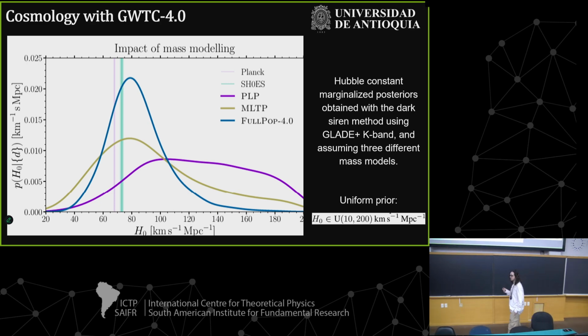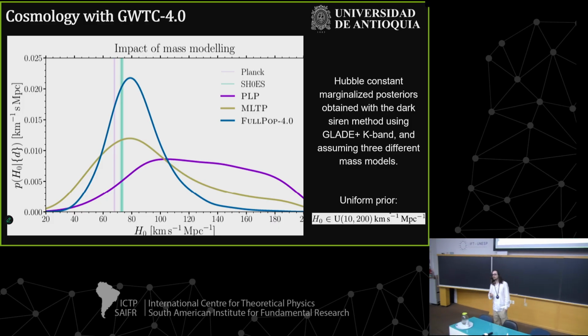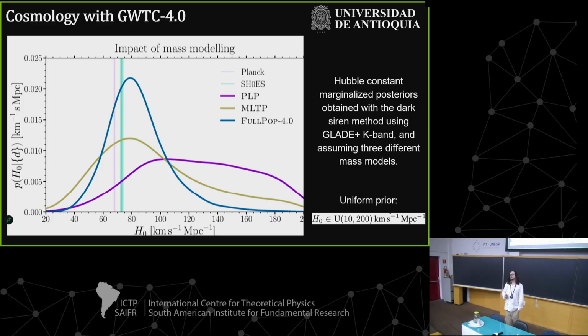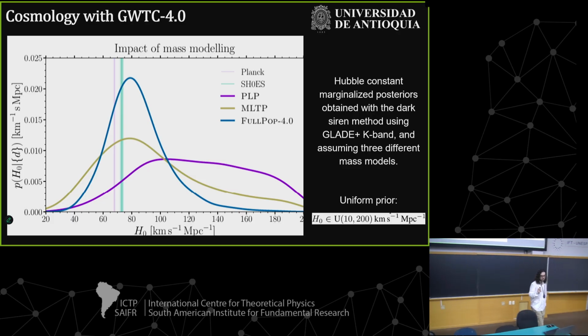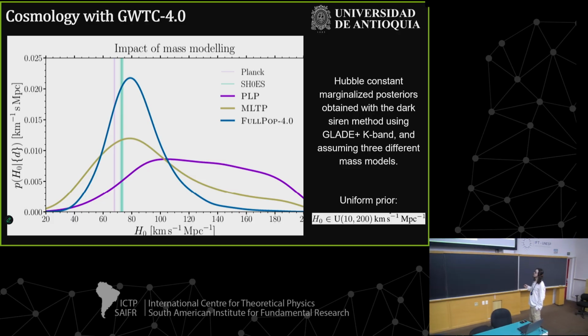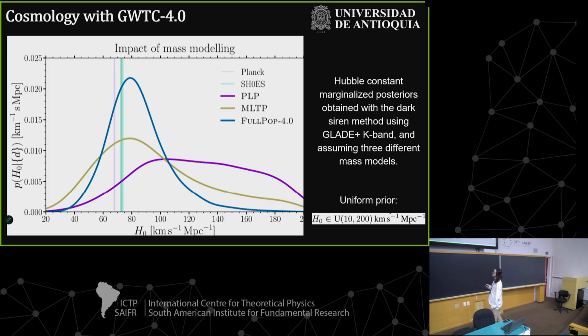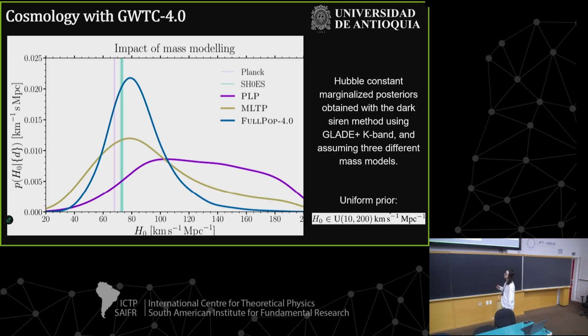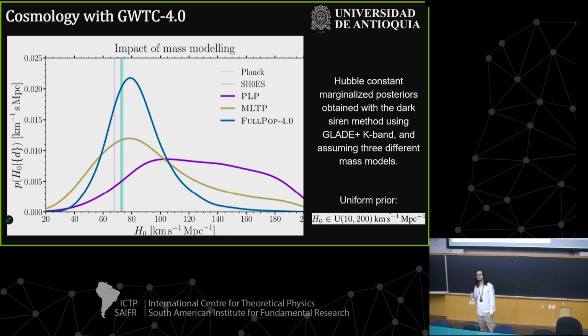I mean, it allows you to extract more information from the mass spectrum, and this information is crucial to constrain the Hubble constant. So that's why there is this difference. But one thing that's mentioned in the paper is that even though there is this difference, within the confidence intervals the estimation of the Hubble constant is in agreement between the different estimations. So, yes.